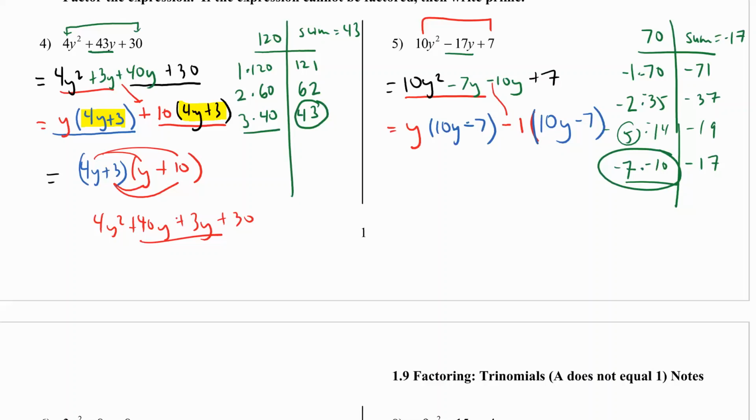And what we'll notice is, again, those two terms both have a 10y minus 7, so that is our new GCF there. So 10y minus 7, and if we divide both of those terms by 10y minus 7, we're left with y minus 1. So we divide this term by 10y minus 7, the next term by 10y minus 7, and that's how we get that result right there.